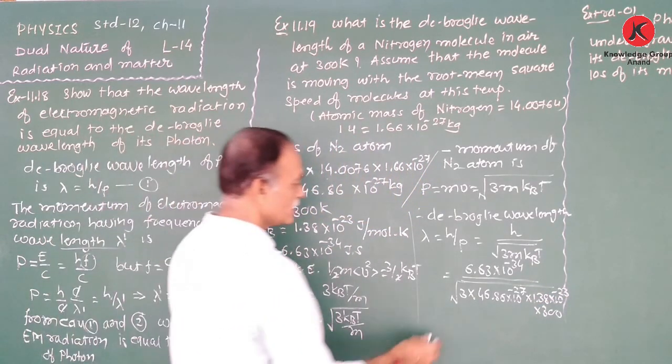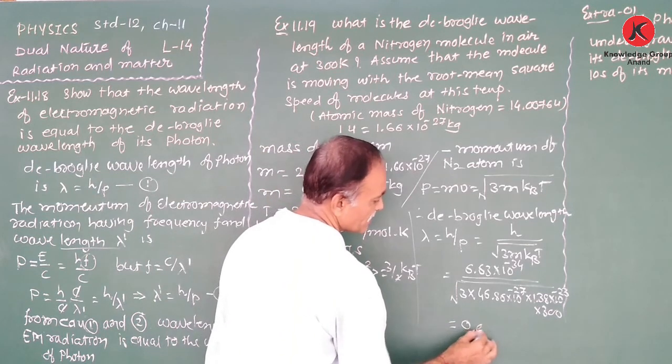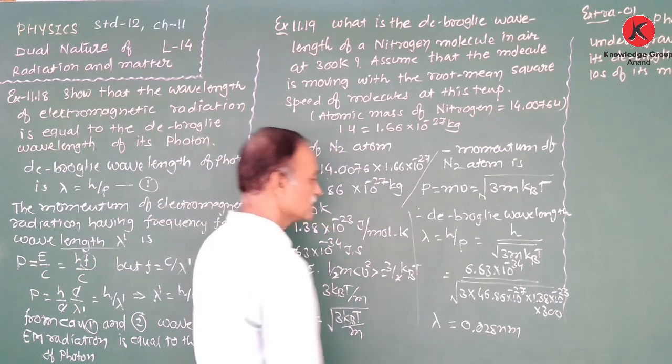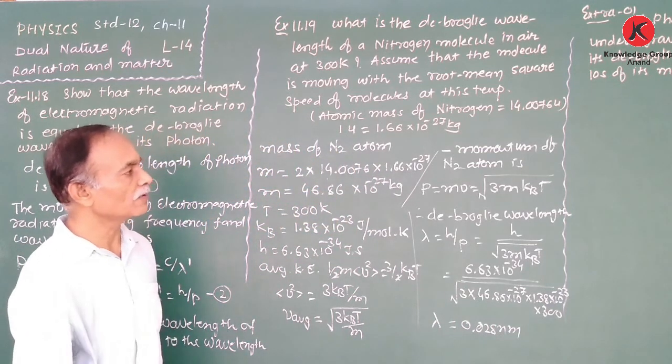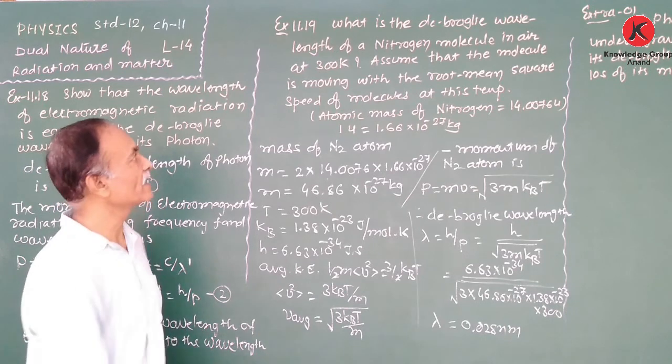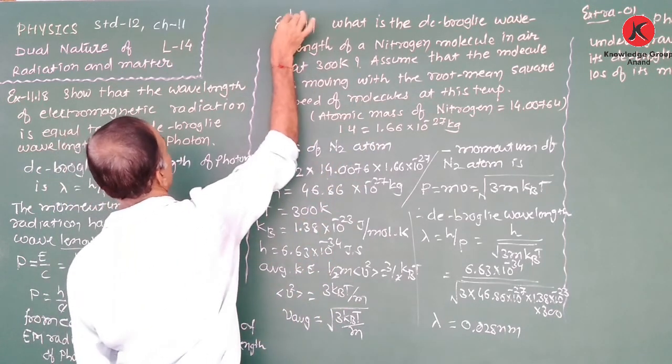Thus we obtain the de Broglie wavelength as 0.028 nanometer. That is the de Broglie wavelength of nitrogen. So this is quite a complicated numerical. So this is a most important numerical.